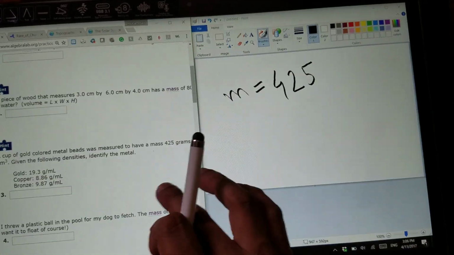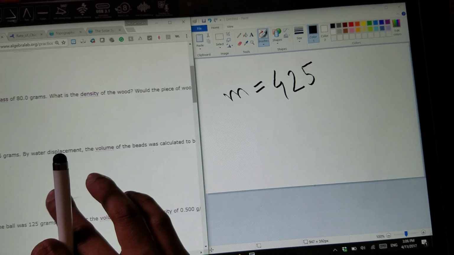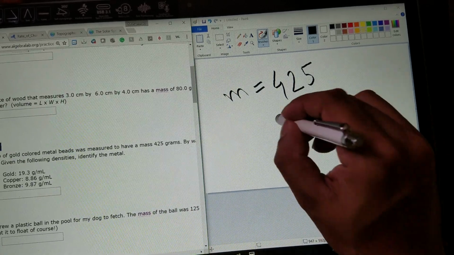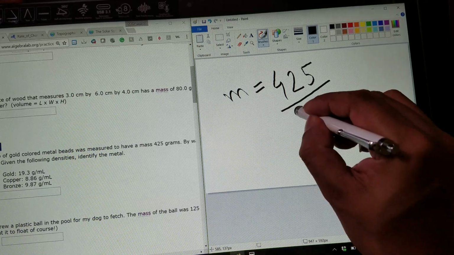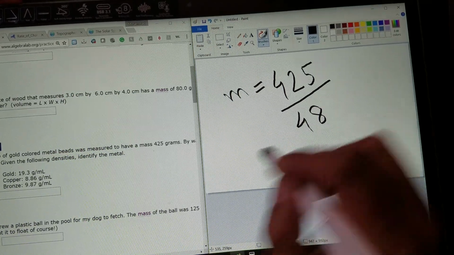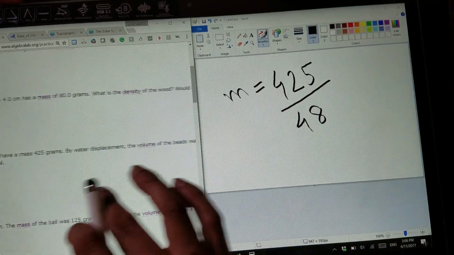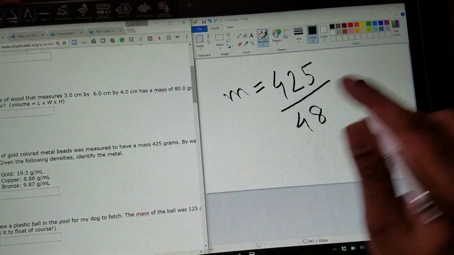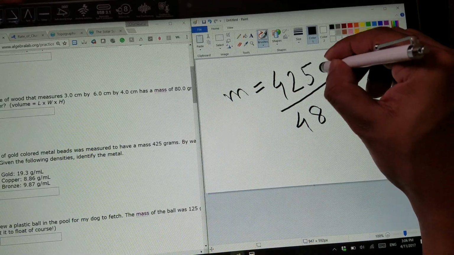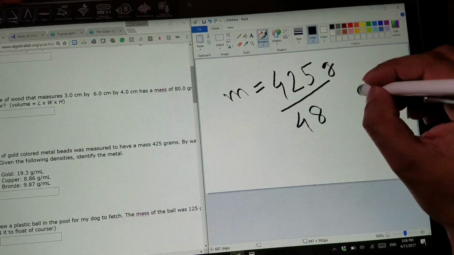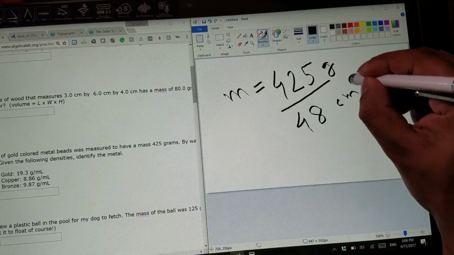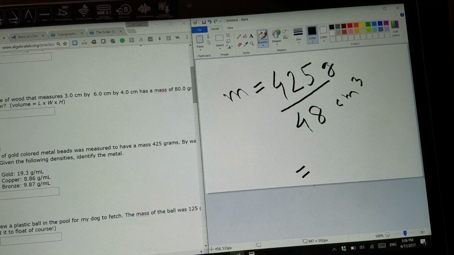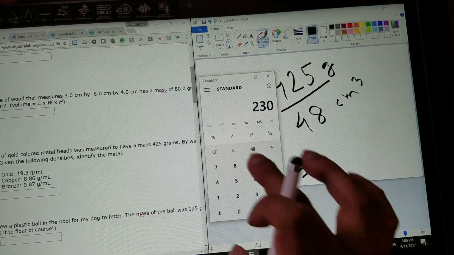And now we need to know the volume, which is given, which is 48. So mass divided by volume, 425 divided by 48, right? Let me just make sure I'm correct. Yep, 48. This is in grams, and this is in centimeters cubed. Make sure you use the units properly.